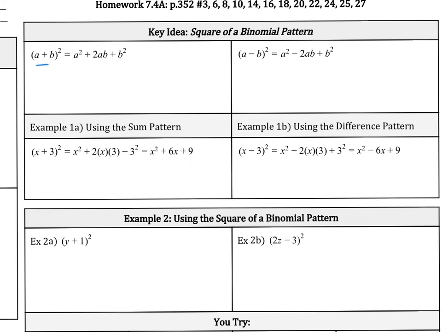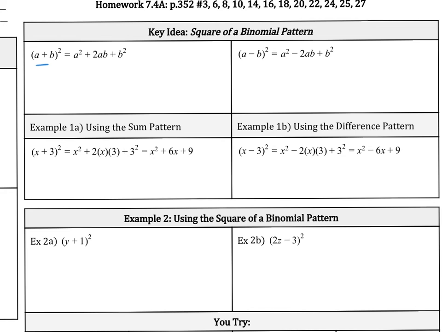In other words, I'm comparing a as my x and b as my other value, 3, and plugging it into the formula. A square means x square, minus 2ab means minus 2 times x times 3, plus b square means plus 3 square. When I rewrite, I get x square, negative 6x, plus 9.